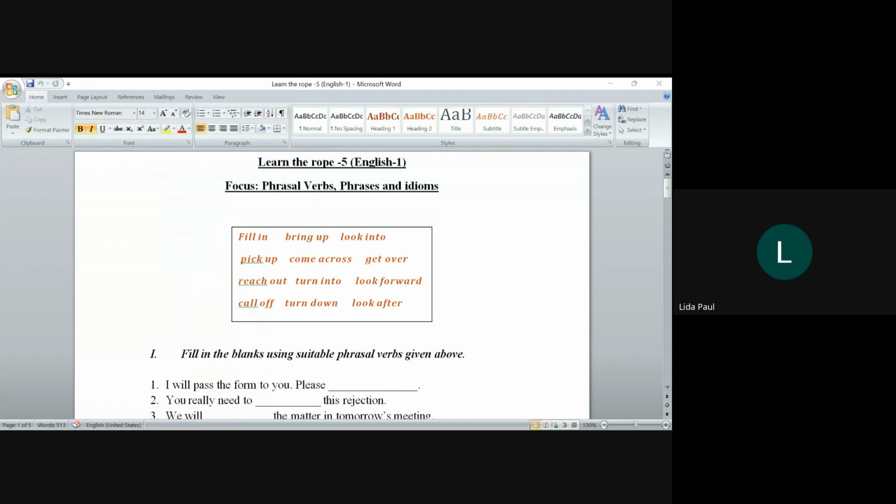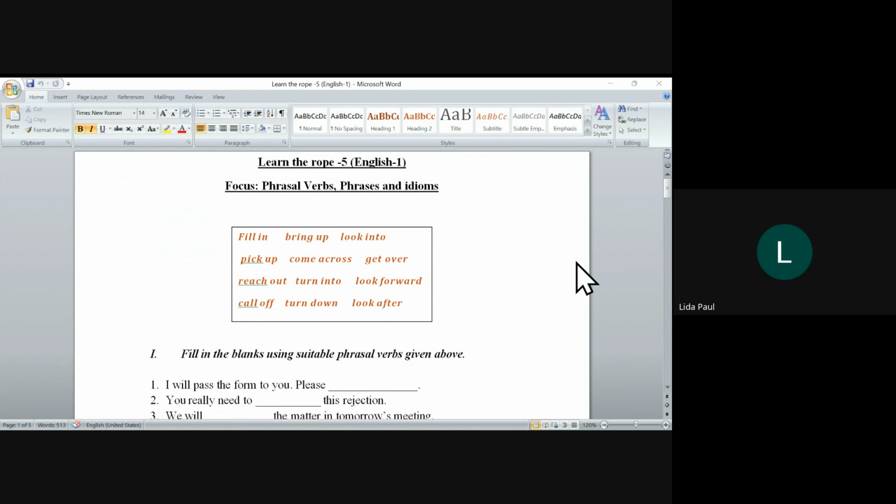You have a very different meaning for the phrasal verb than the combination of these words. Cancel doesn't have anything to do with either call or off.